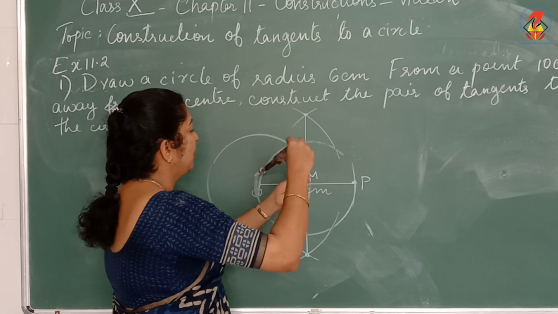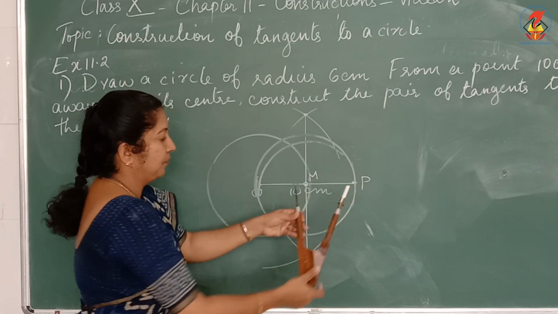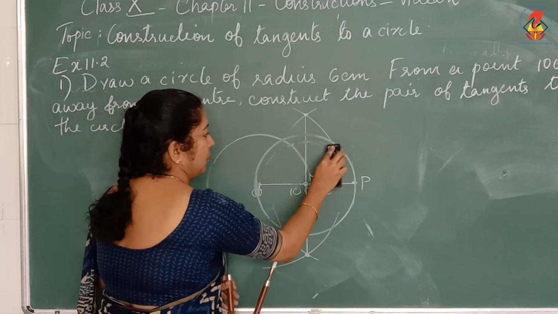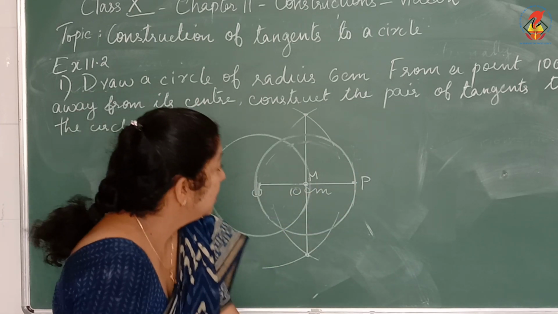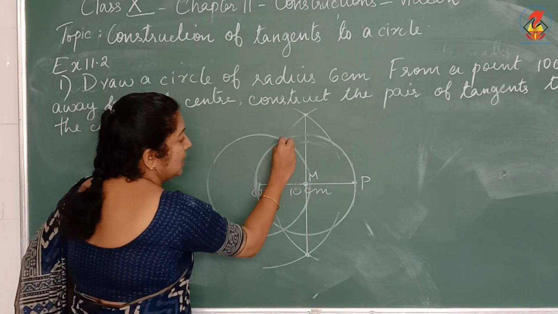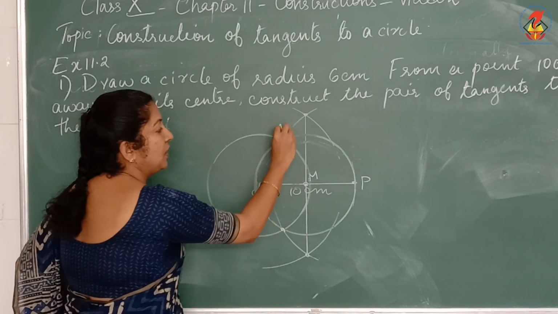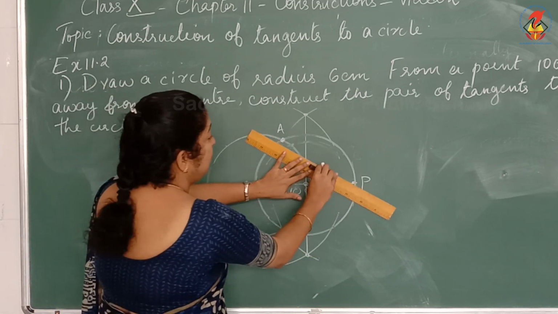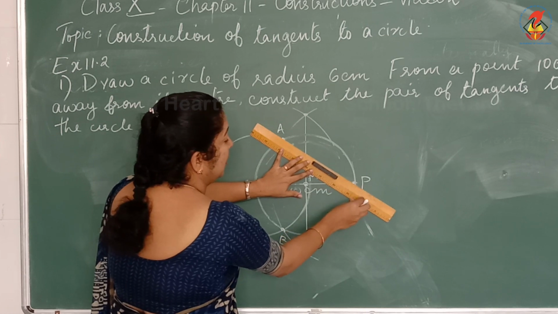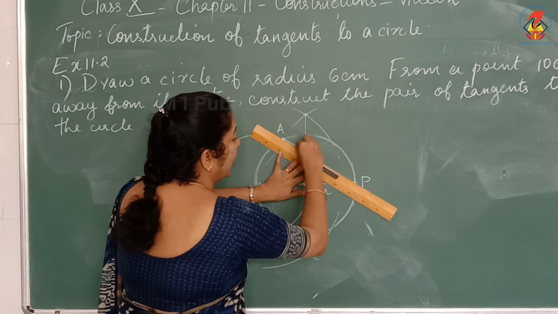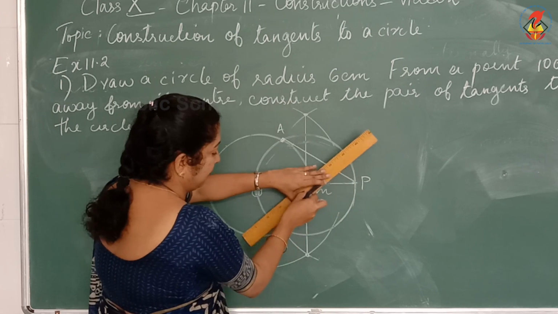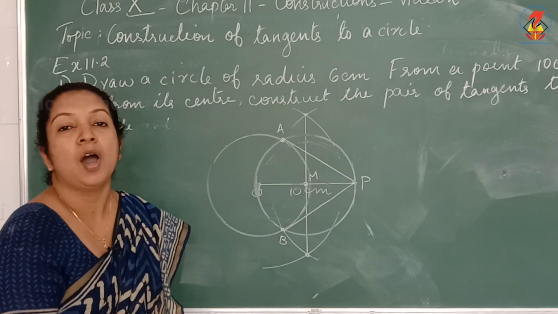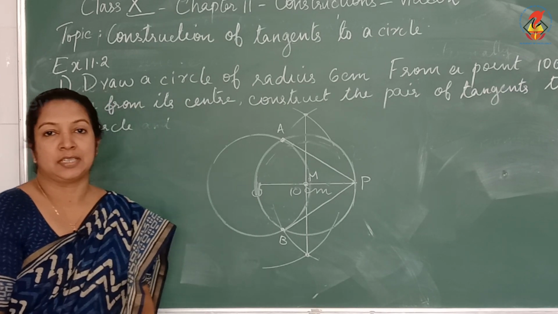These 2 circles intersect at 2 points, which we can mark as A and B. Then join PA and PB. These 2 are the required tangents.